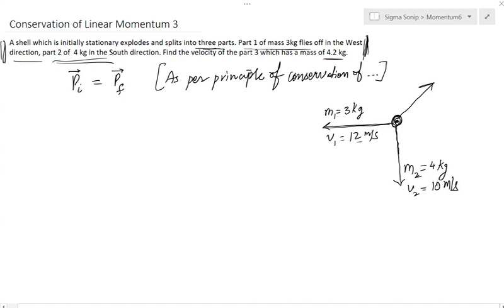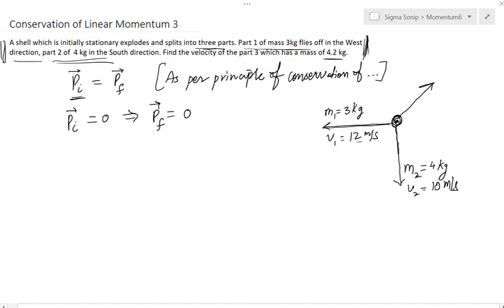Now the initial momentum Pi, because the shell was stationary, equals 0, and that tells us that Pf has to be 0 as well.